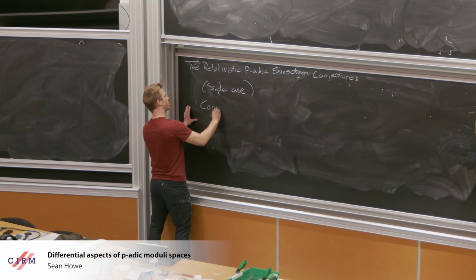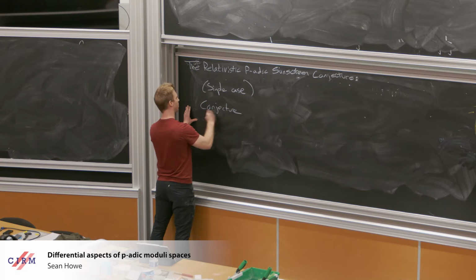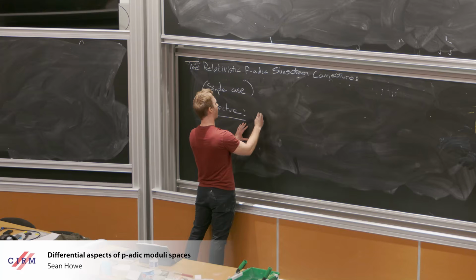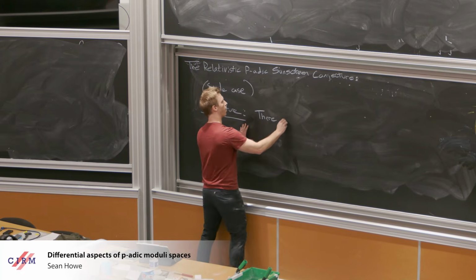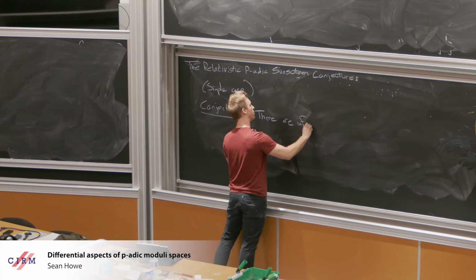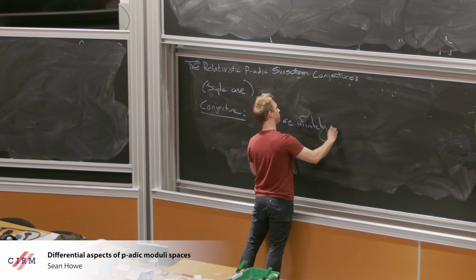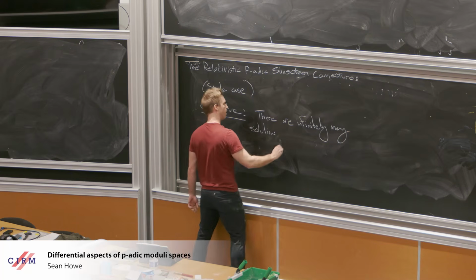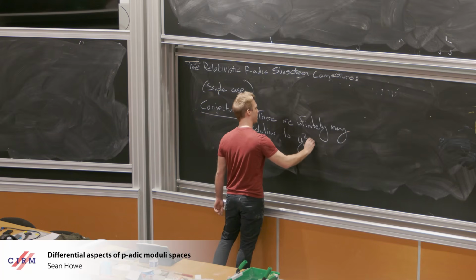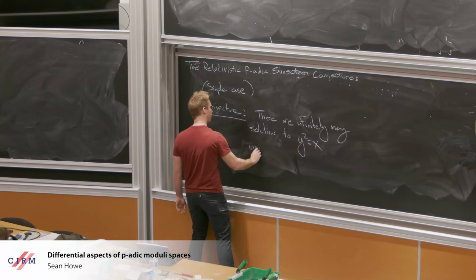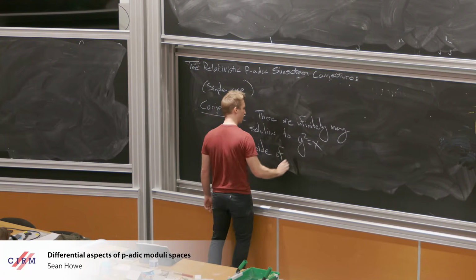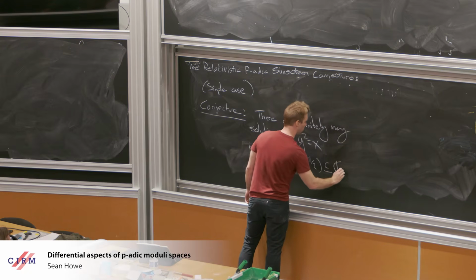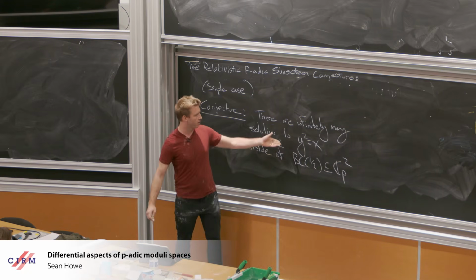The conjecture is, let me do the simplest possible case: there are infinitely many solutions to y squared equals x inside of BC 1/2.